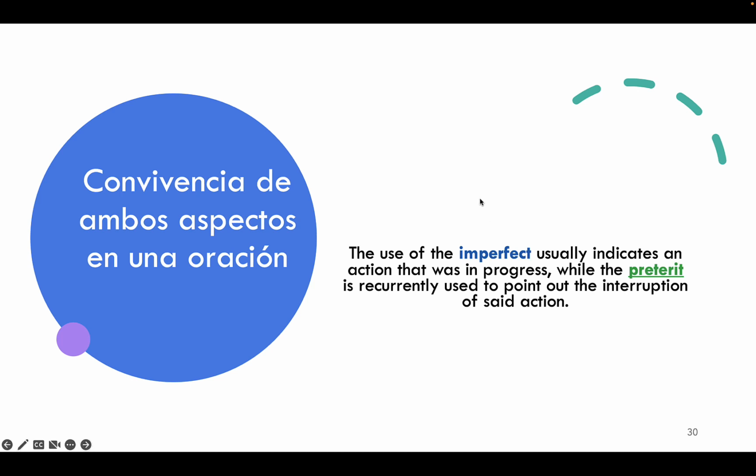So based on that, we're going to have the following example. Mi mamá y yo hablábamos cuando mi hermana llamó. My mom and I were talking when my sister called. So we can see this rule being proved here using the imperfect to refer to an action that was taking place.